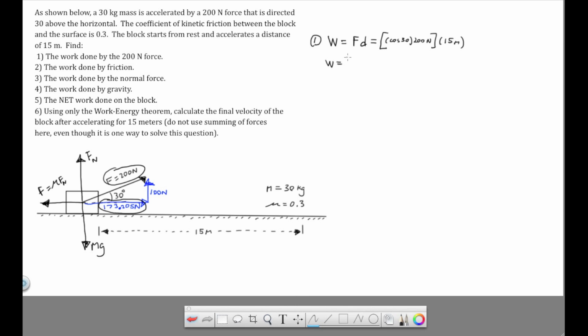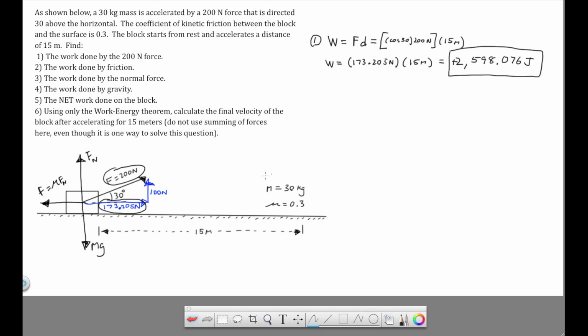So this becomes 173.205 newtons multiplied by 15 meters, which gives an answer of 2,598, we'll just round this off. Not newtons, joules. And this answer is positive.